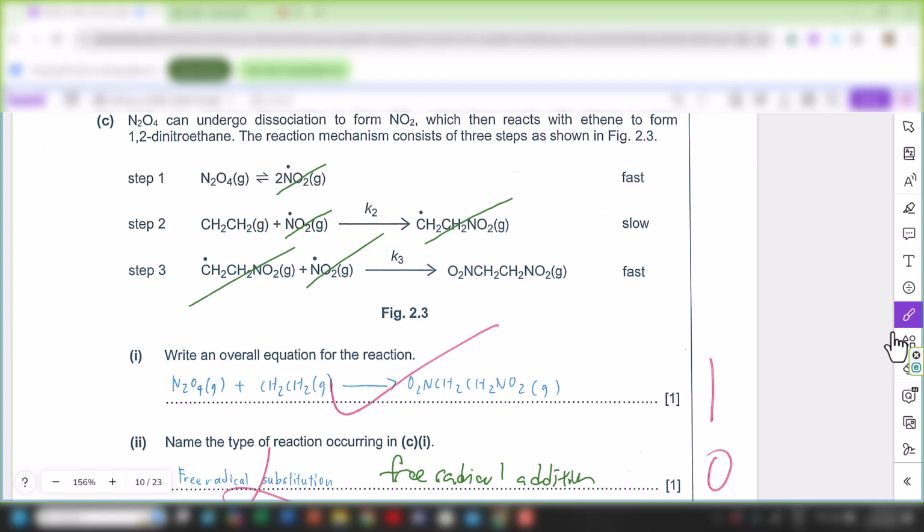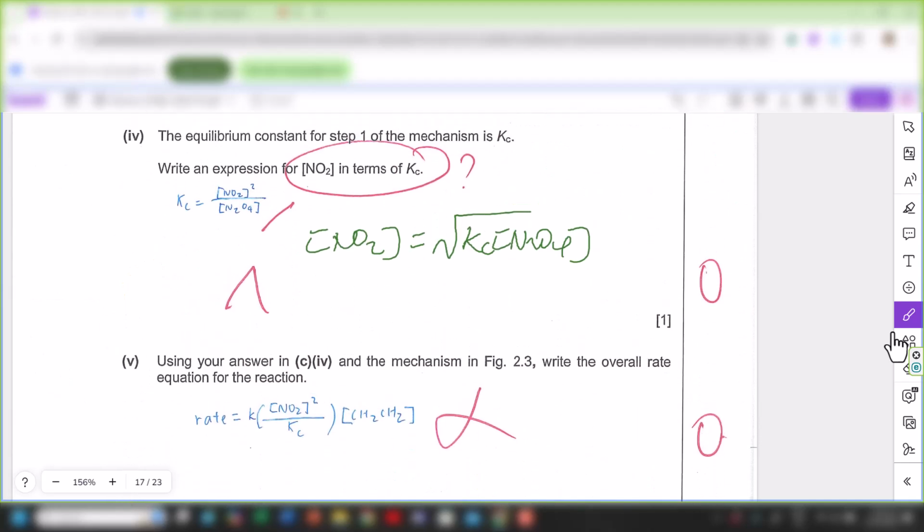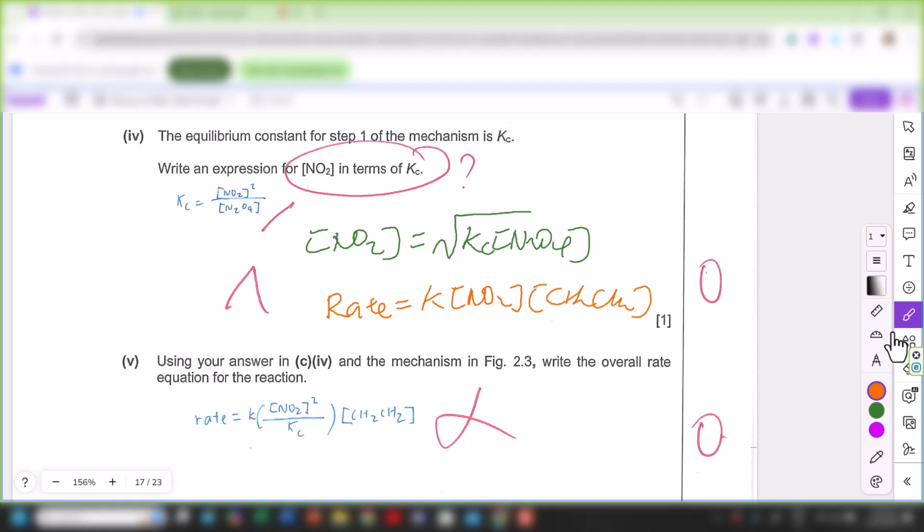So that was the purpose of the earlier question. Okay. So if I were to shift forward to this, then I'm just going to continue from here. So it looks a bit stranger. So the rate is actually equal to k, actually it's NO2, and then the alkene, CH2, right? Yeah. Then basically what I need to do is just substitute into here.